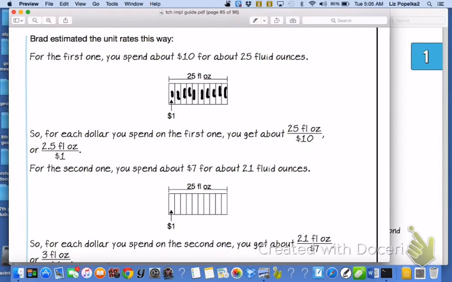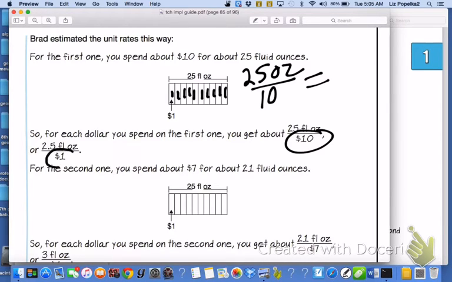So if he's getting 25 ounces for $10, it looks like he scaled down. He scaled down from $10 to $1, which is okay to do.